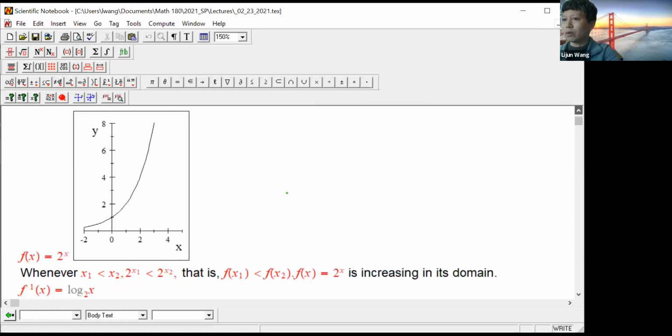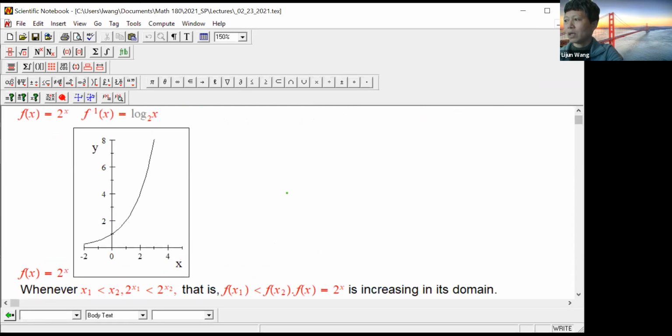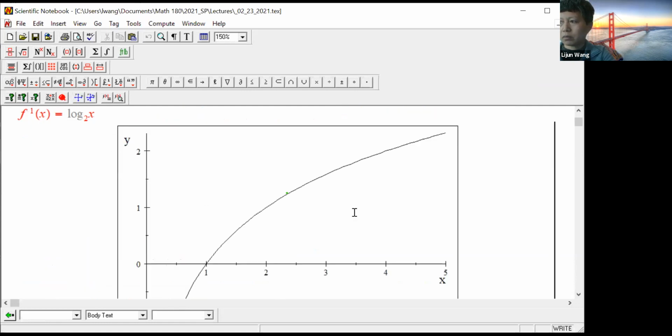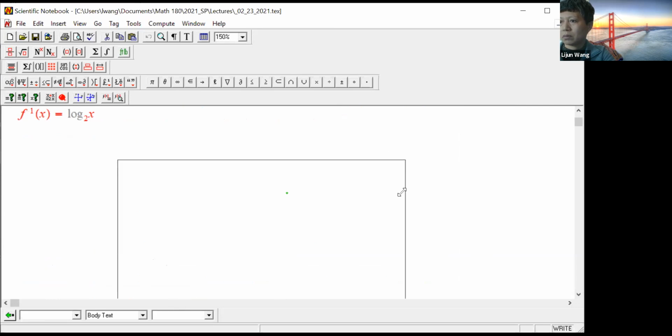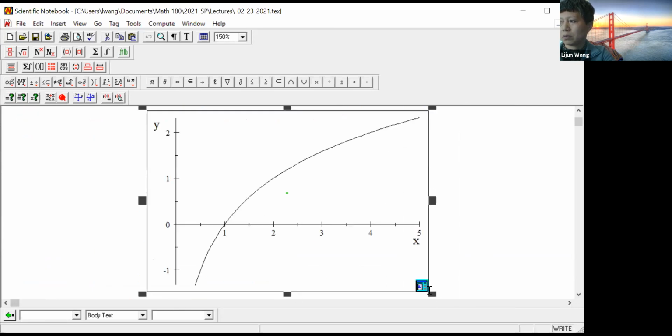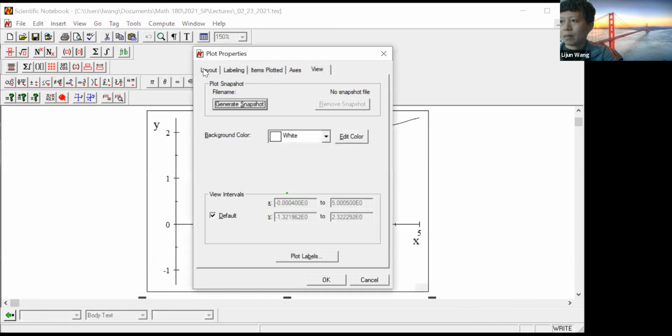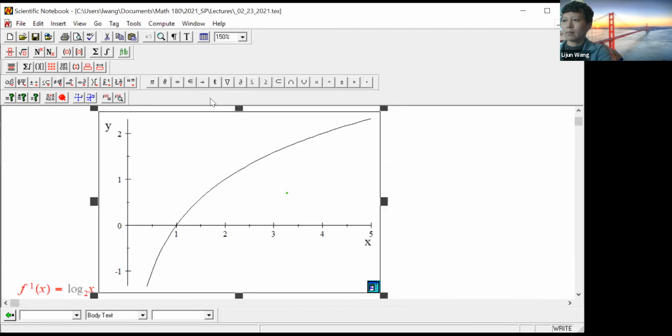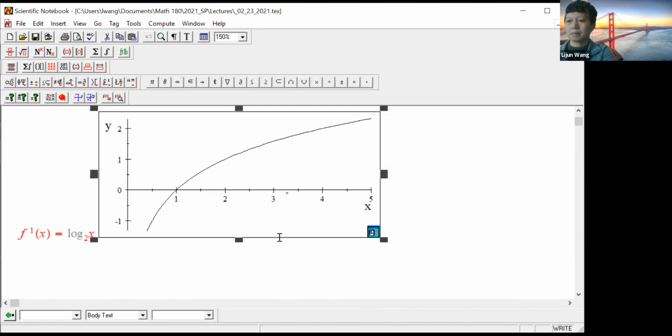Okay, so now, log base 2x. Can you make a similar statement? Of course, that has to be true, right? And you look at the graph. We know this domain, we have discussed all of that.